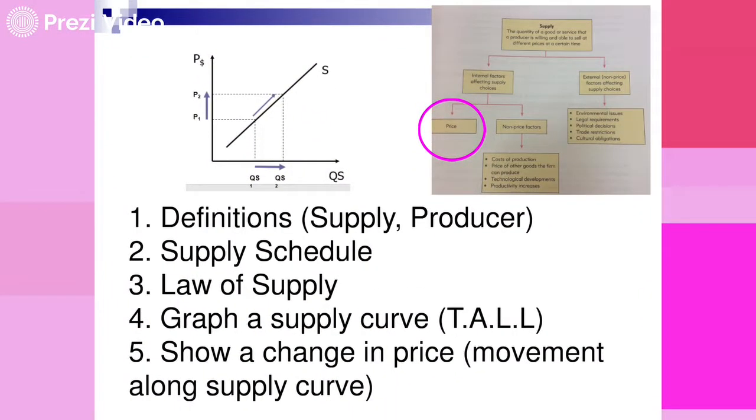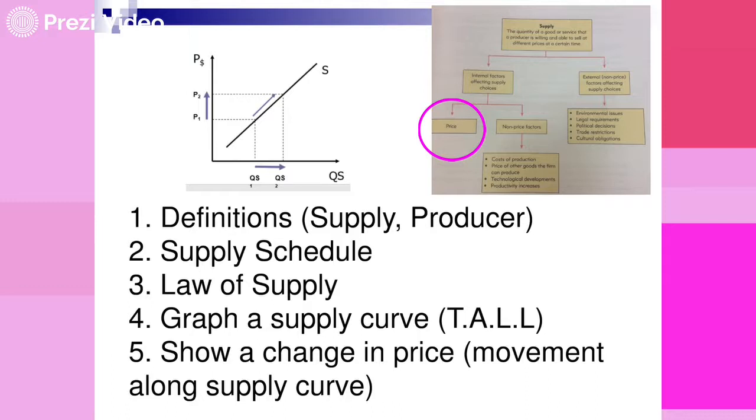Just make sure as a summary that for section 1 you can do all of these things. Make sure your definitions are accurate and you're always expanding on them in your answers, that you know how to calculate the different figures in a supply schedule, and you know the definition of the law of supply and why and how that is shown on a graph. Ensure that your graph is correct.